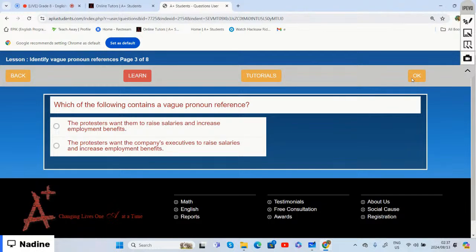And if we were to select our vague pronoun reference, then we can say the protesters want them to raise their salaries and increase employment benefits. So, as much as we have the word the protesters, because now it specifies.